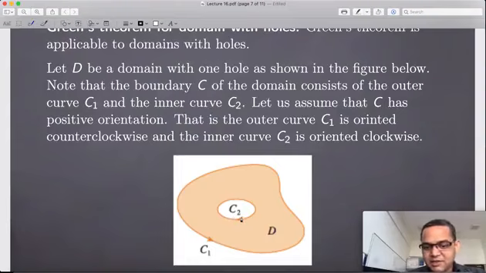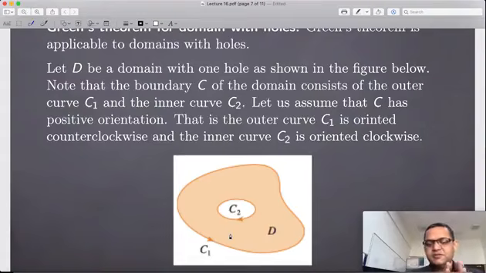Here the boundary will look opposite because you want positive orientation. So the boundary of D consists of two curves, the C1 and then C2. Okay, so C1 is having this positive orientation, and C2 you have to give the orientation like this because you want the domain to fall on the left always.